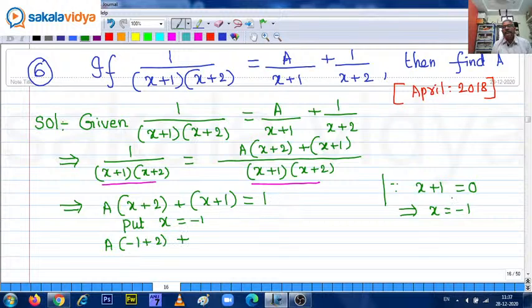Obviously x plus 1 becomes 0 here, equal to 1. So 2 minus 1 is 1. So a into 1, a plus 0 equals to 1. So therefore a equals to 1. That's our answer. Right.